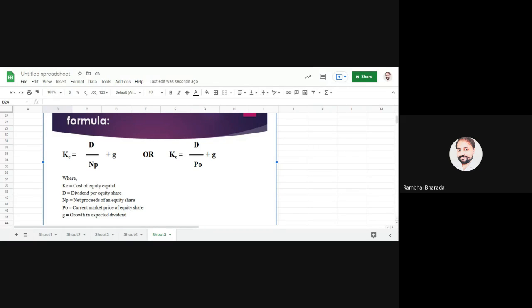So please write down the formula: D divided by NP plus G, or D divided by P0 plus G. The concept is clear? Formula done? Everyone? Okay.